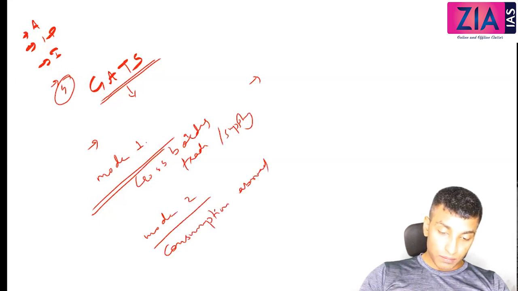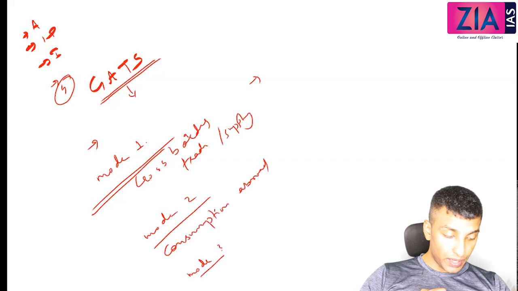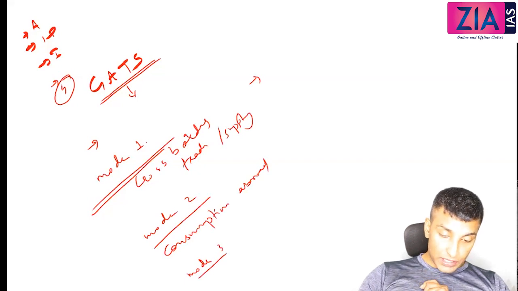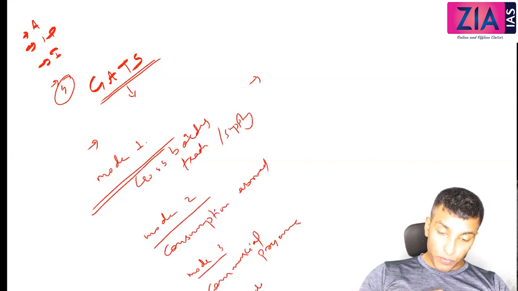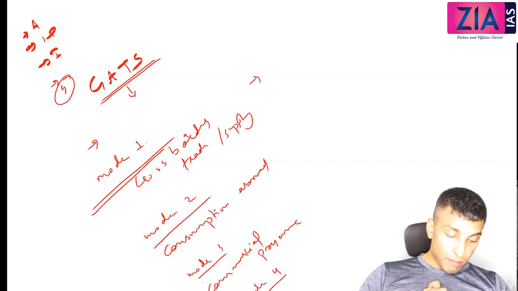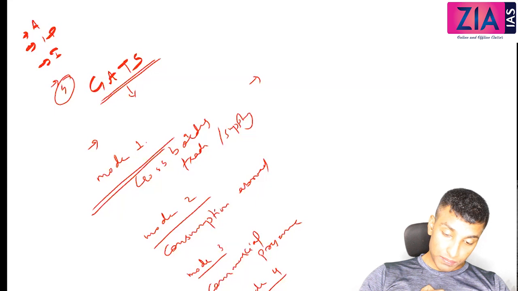Mode 3, I'll give you examples. Okay, mode 3, commercial presence. Commercial presence. Mode 4, presence of natural persons.